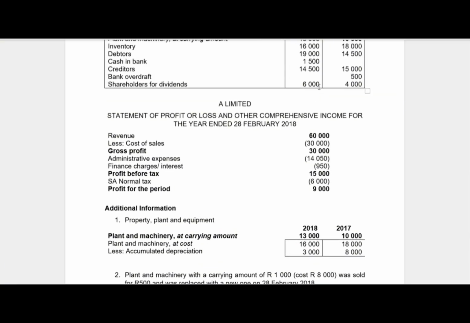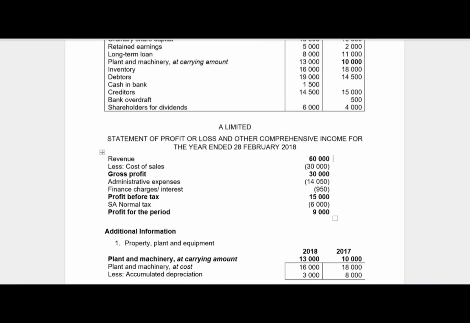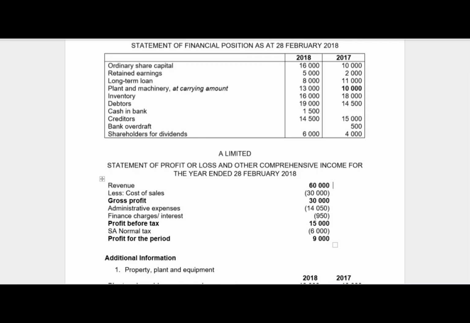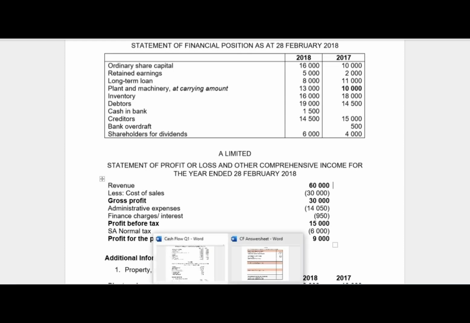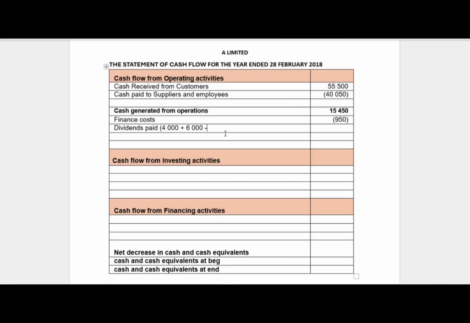It's 6,000, right? So shareholders for dividends at the end, which is the current year of 2018, it is 6,000, right? So you go and pick this 6,000 at the end of the year, you put it in the calculation right there, minus 6,000. You close brackets.